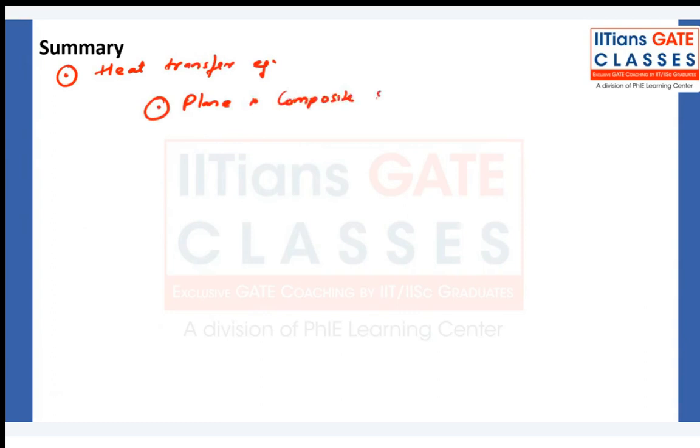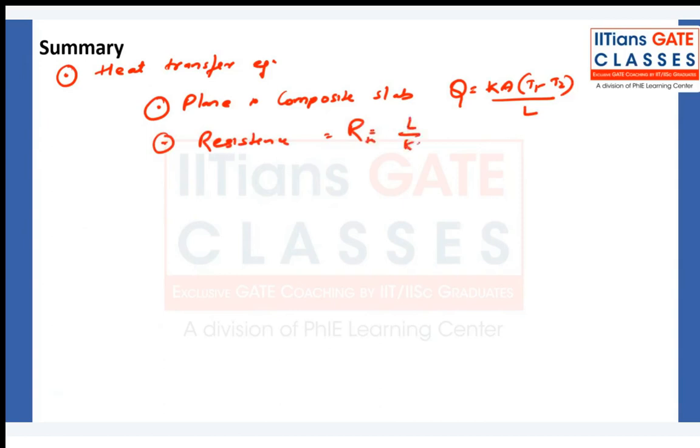So Q equals KA (T1 minus T2) by L. And we have also determined the concept of resistance in plain slab, R of slab equals L upon KA. So this is what we have talked about.